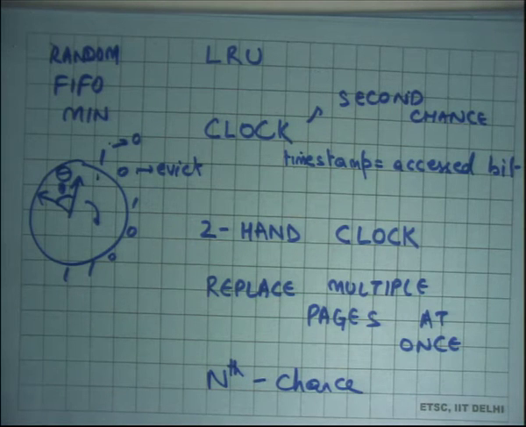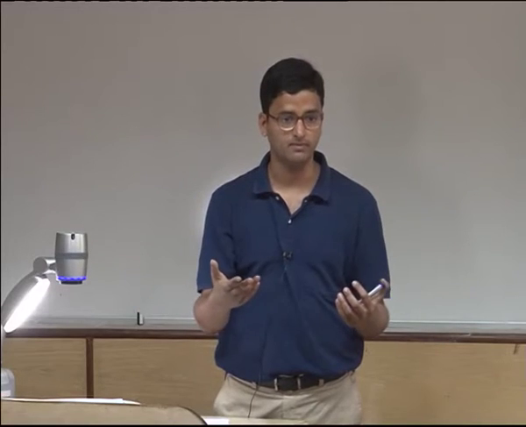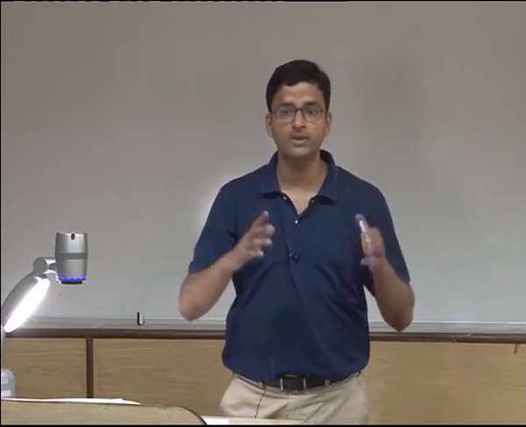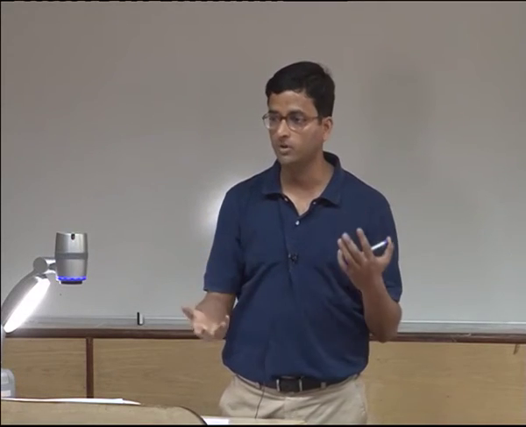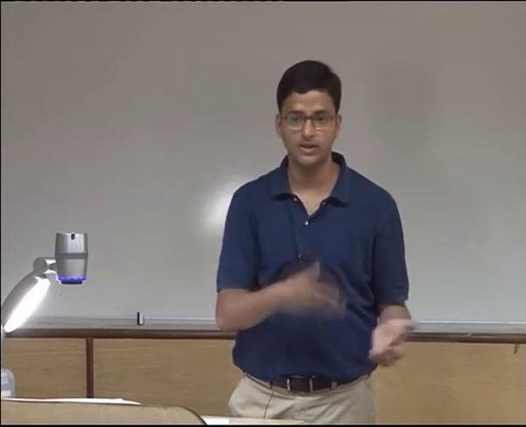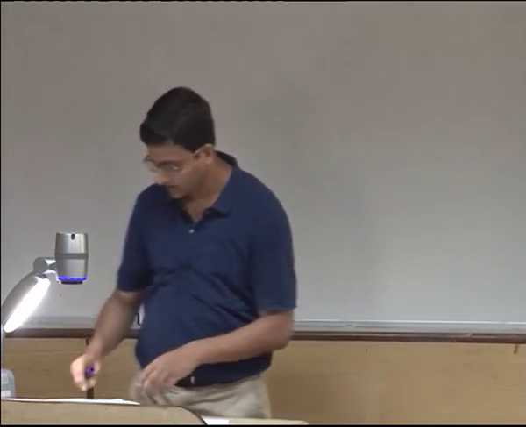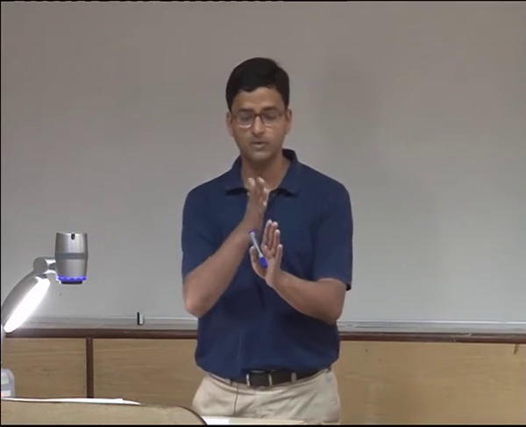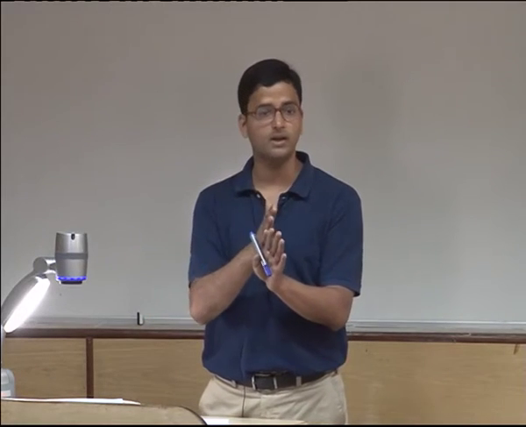So you basically process all your pages in FIFO order, but if you see that a page has been accessed recently, you give it a second chance, which means you set it to 0 and you give it another chance to prove itself once again, right? And if it's able to prove itself again, which means it gets accessed recently, you give it yet another chance. But if it's not able to get accessed recently, then it gets evicted. So it's a second chance algorithm. The nth chance algorithm is just a straightforward extension. You say instead of giving it 2 chances, give it n chances.